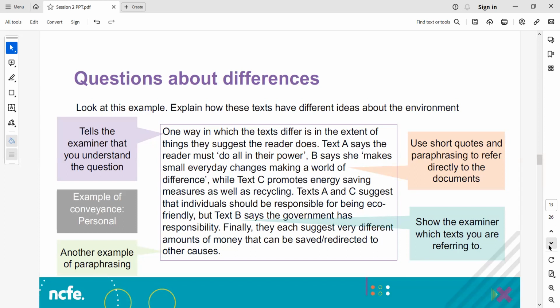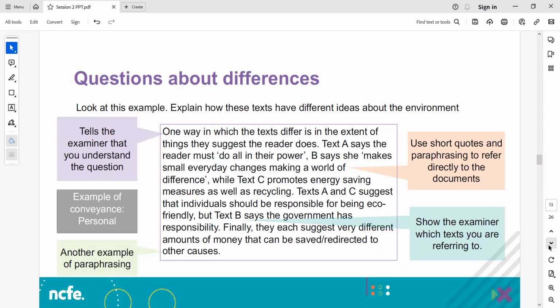If you're asked about different ideas in the text, that's a really good sentence starter for your answer. So even just learning these sentences to start your answer, one way in which the texts differ, that's a really good start, because straight away the examiner knows that you've understood what you need to do.